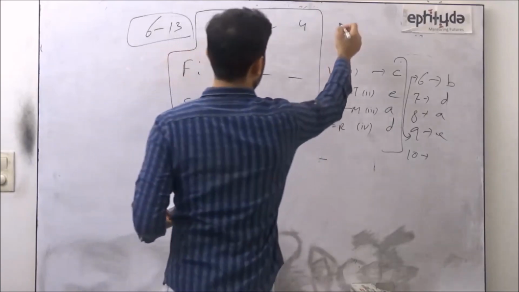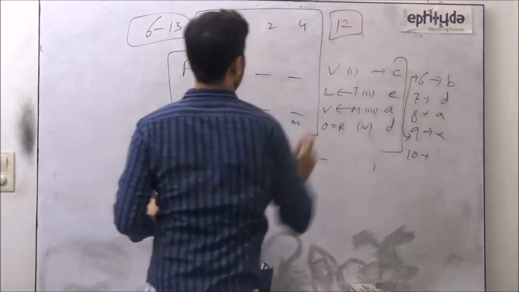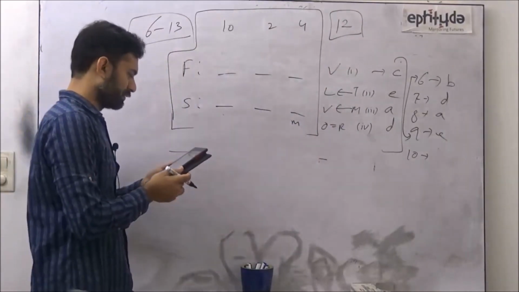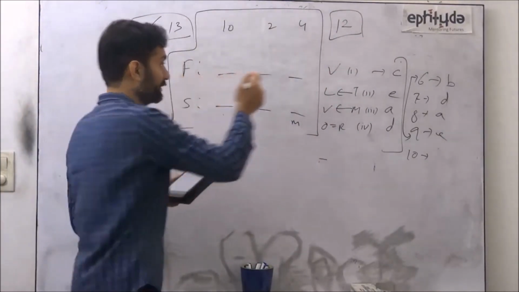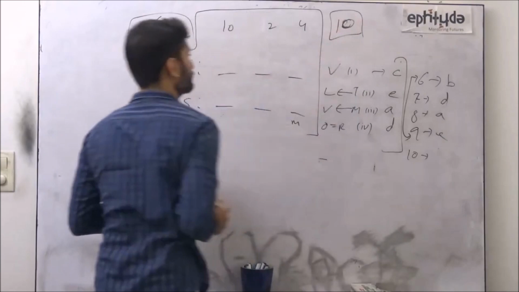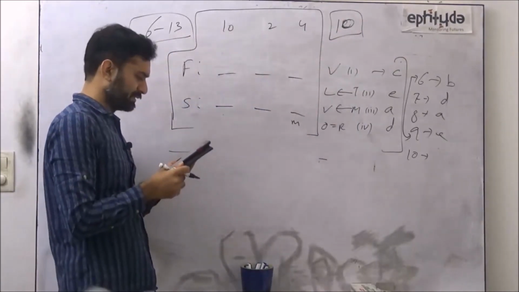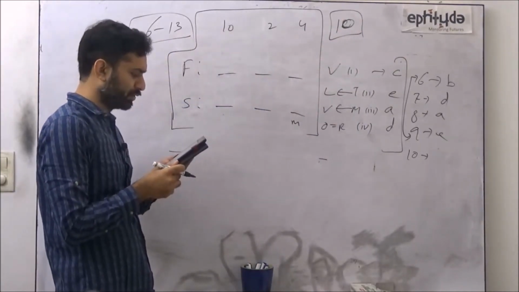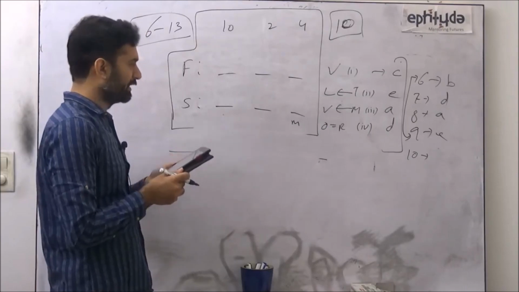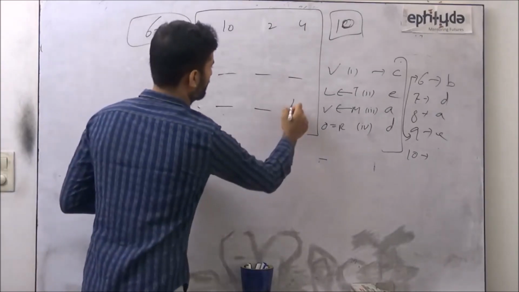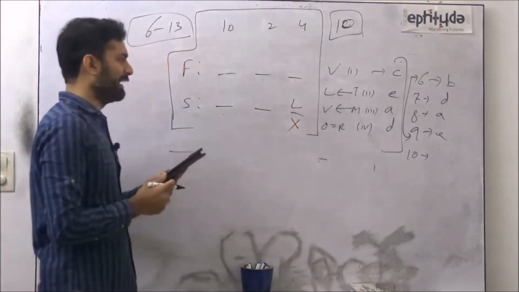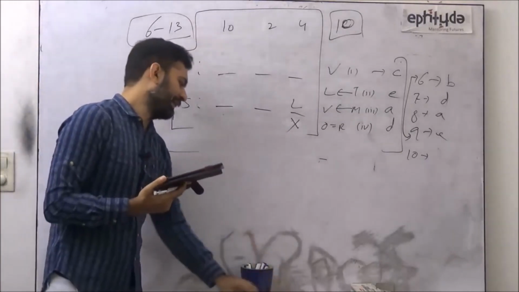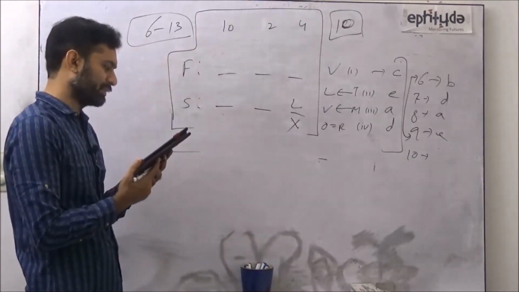I'm doing question number 10. Which one of the following could be true? L delivered on Saturday. Can't happen because L has to be before T. So this is out.